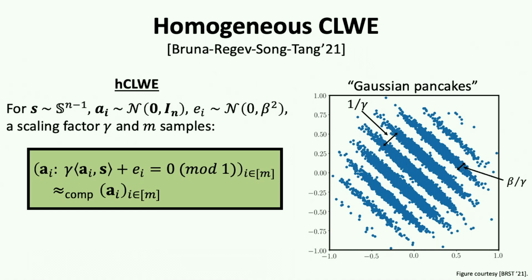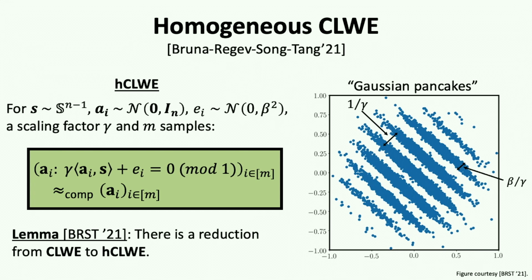Because in one direction this looks like a Gaussian, so its spread is constant, and the distance is 1 over gamma, so there are roughly gamma bands. So that is the continuous homogeneous CLWE problem. And the theorem from Bruna et al. is that there is a reduction from CLWE to homogeneous CLWE. So if you can solve the latter problem, you can solve the CLWE problem.